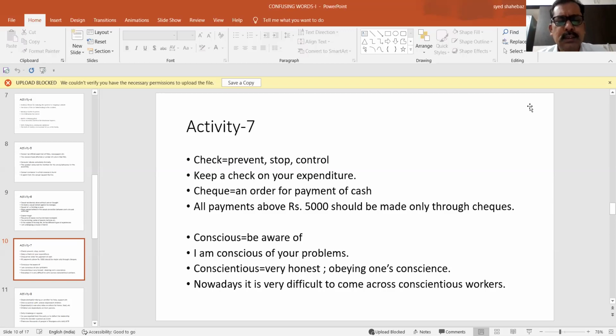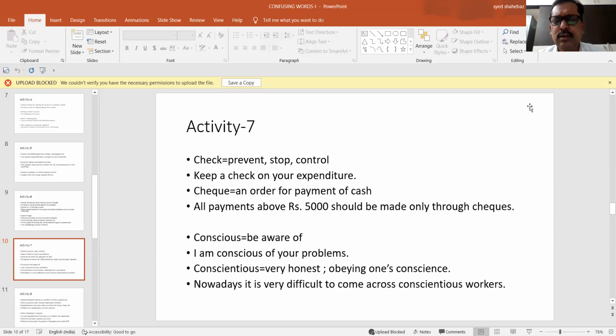The second word is conscientious. Conscientious spelling is somewhat difficult. Conscientious. Conscientious means very honest, obeying one's conscience. An honest, upright person, and a person who obeys his inner voice, conscience. What his inner voice says, he obeys.